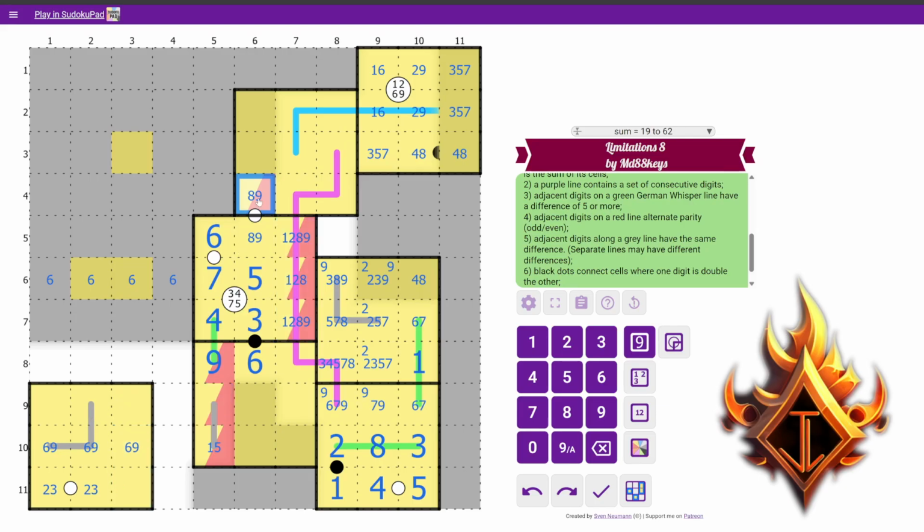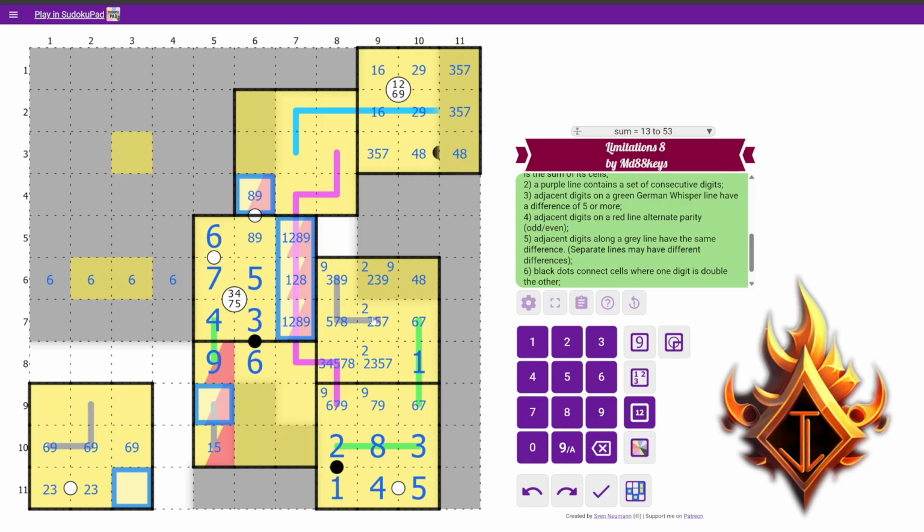Okay, if 8 goes here, then 8 goes there. And then 8 goes there. Then 8 goes there. And then 8 cannot be on here. It would have to be 3, 5, 7. Or 9, 8, 7.